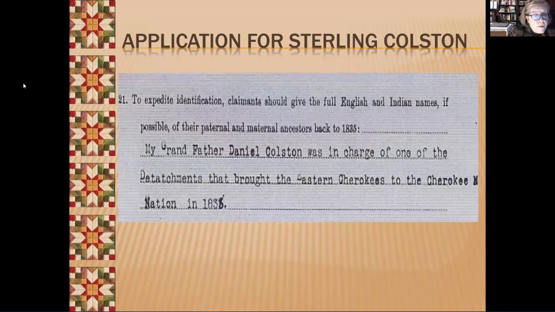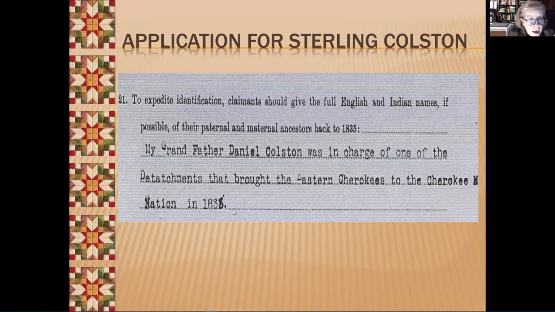And then this is the one that I think is really interesting. Give the full English and Indian names, if possible, of the paternal and maternal ancestors back to 1835. Well, he doesn't have to go too far. My grandfather, Daniel Colston, was in charge of one of the detachments that brought the Eastern Cherokees to Cherokee Nation in 1836.